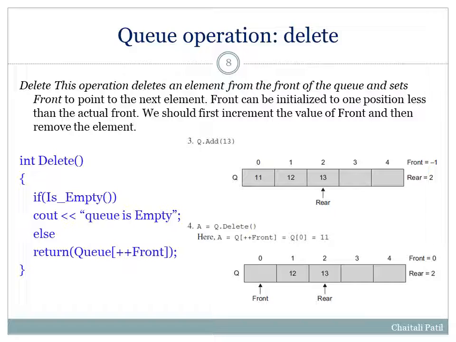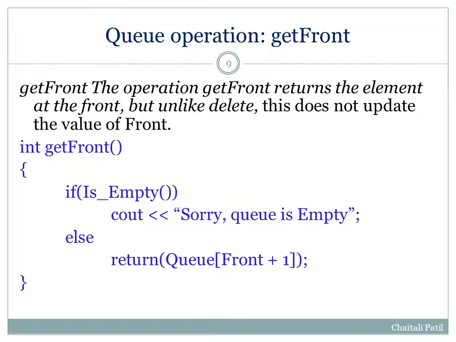If it is not empty, then first increment the front pointer. Here initially front is pointing to -1, so after the pre-increment operation, front will become 0 and q[0], that is 11. So this function will return the value 11. This is the delete queue operation.